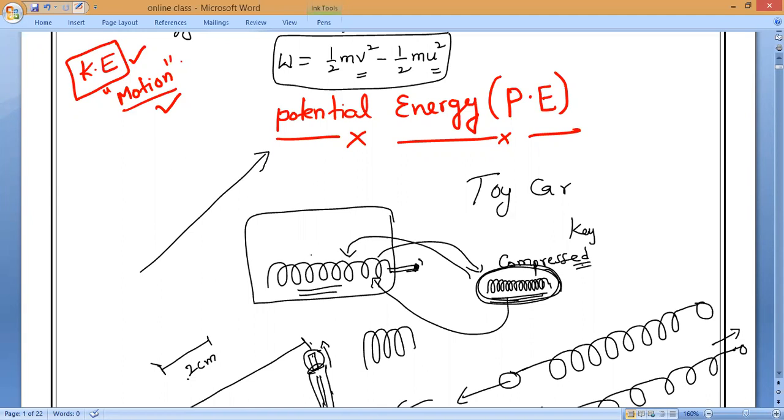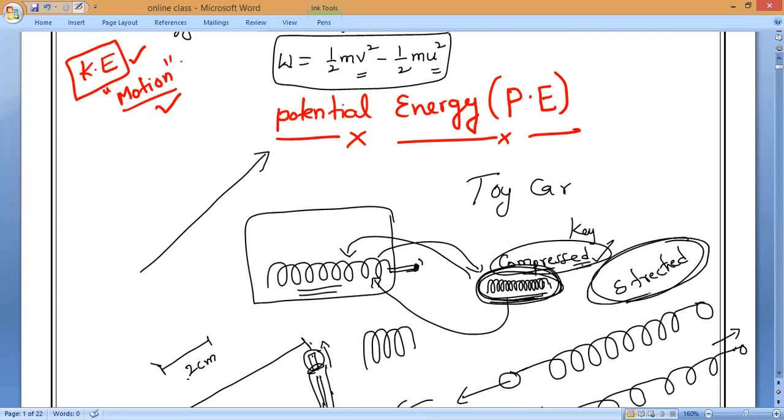Yes, sir. So when we are winding the spring or changing the shape of the spring, work is done. Maybe it is compressed or maybe it is stretched. Remember all of you, stretched or compressed, two different things. Compressed means the size decreases.